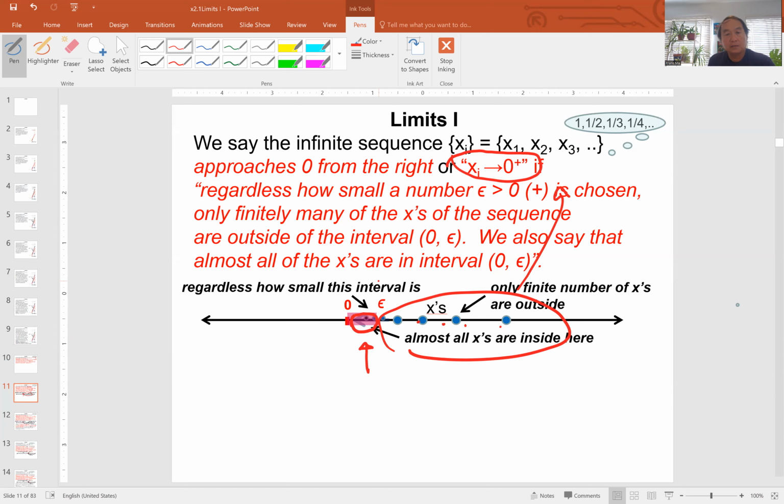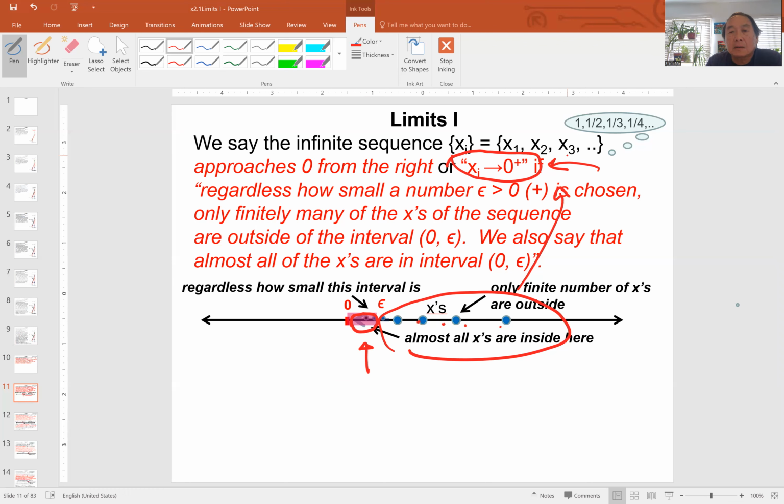You can shrink the interval even smaller, and still only finitely many x's are outside the even smaller one. If such is the case, we say the sequence goes to 0 from the right-hand side.